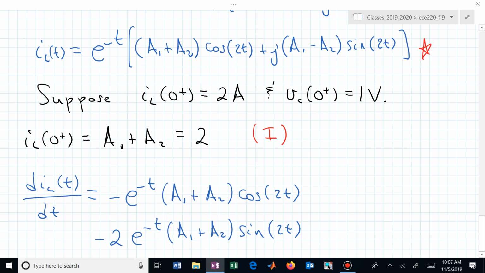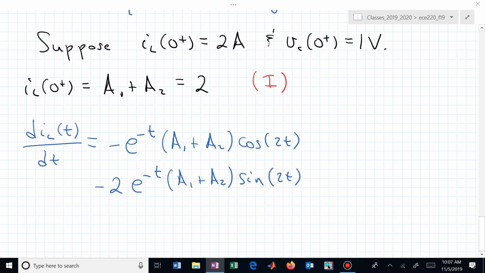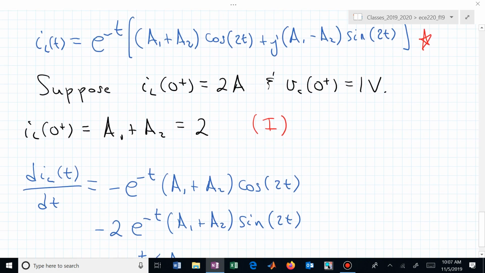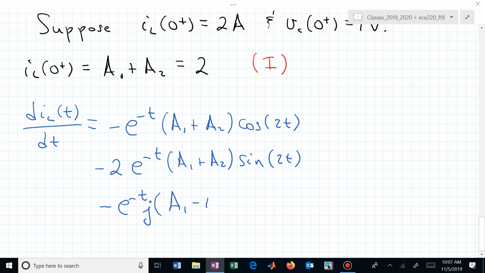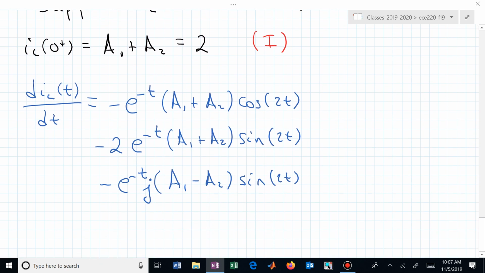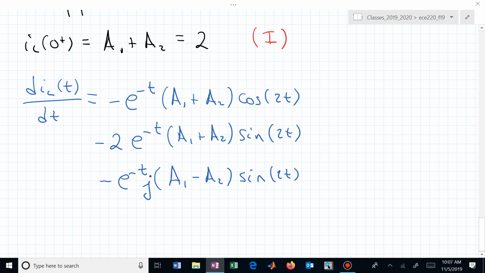And I have to keep that j there, but now I have the derivative of the first, which is minus e to the minus t, and here we had, let me keep the j, as I said, a1 minus a2 sine of 2t, and then I have finally the first times the derivative of the second, and the derivative of the second is cosine of 2t with a 2.